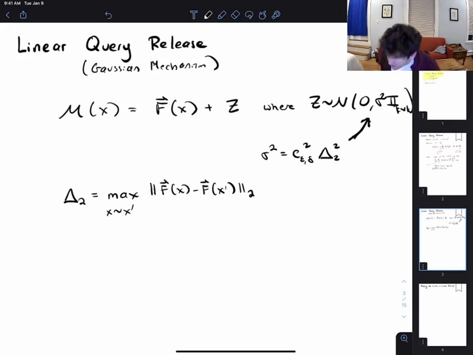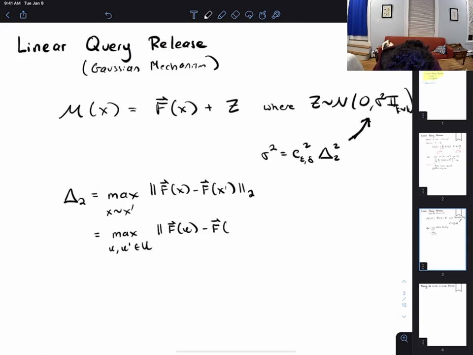And because my statistics are linear, this is just equal to the maximum over u and u' in the domain of 1 over n times the norm of f(u) minus f(u'). So why is this?